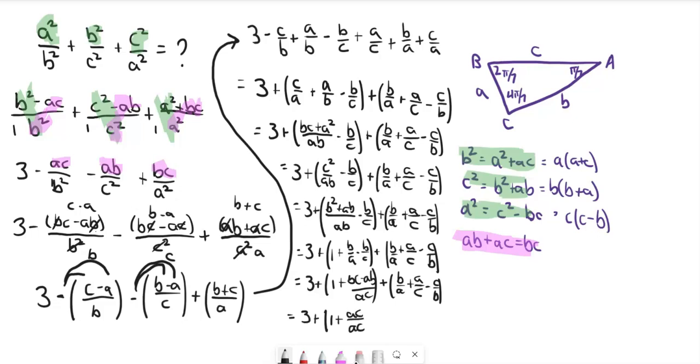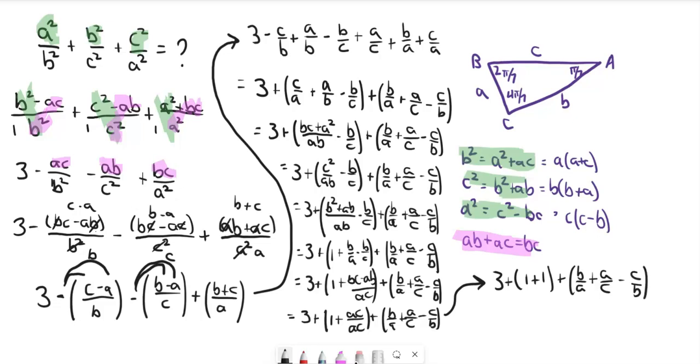So we get ac over ac plus b over a plus a over c minus c over b. Well, of course, this part works out to be 3 plus 1 plus 1 plus what's left here in the parentheses. 3 plus 1 plus 1, that's 5, plus b over a plus a over c minus c over b.